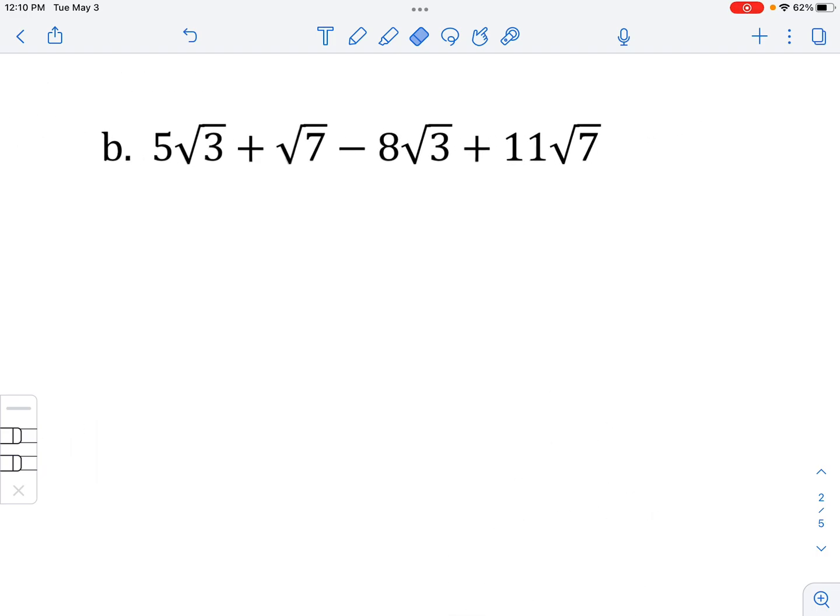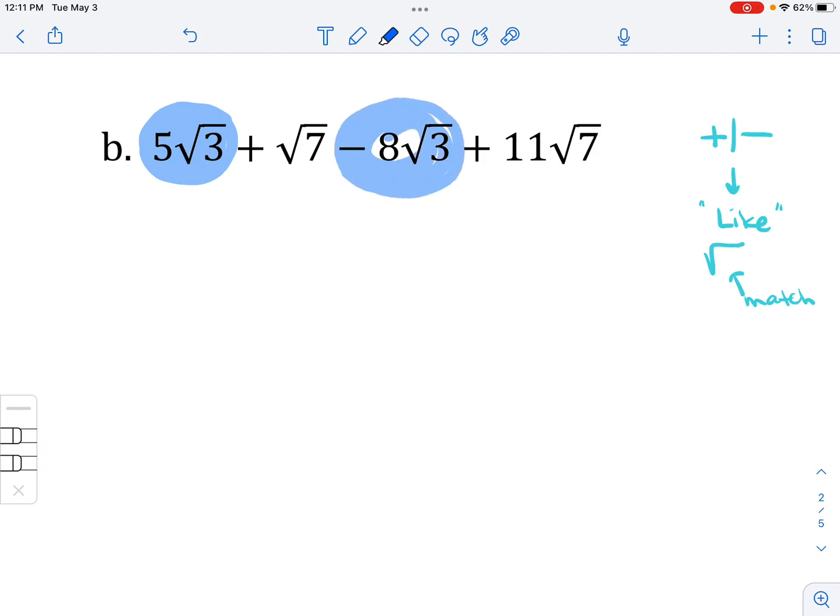Hopefully that's helpful. So first I ask myself, what am I being asked to do? In the concept of adding and subtracting, you can only add like radicals. What that means is this number under here needs to match. So when I'm adding and subtracting, I'm just looking for matching pairs. So 5 root 3 matches with this. Basically you're just trying to put the stuff in front together.